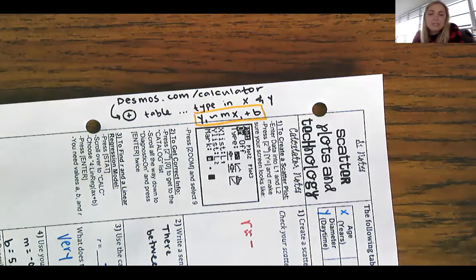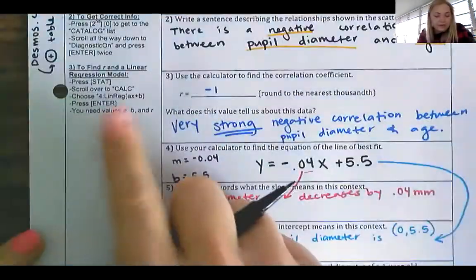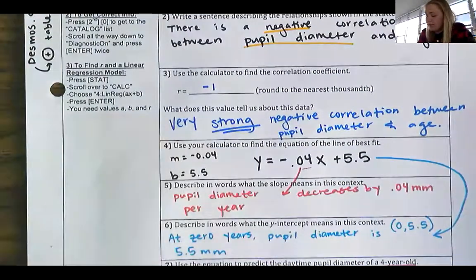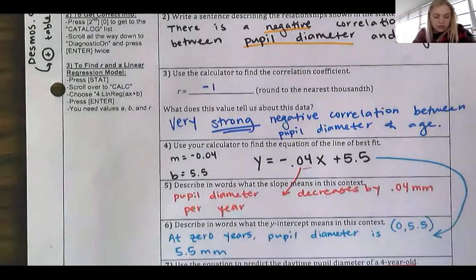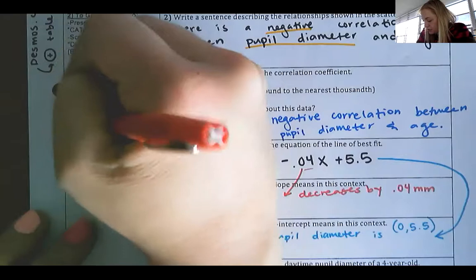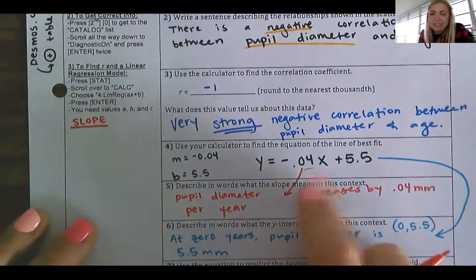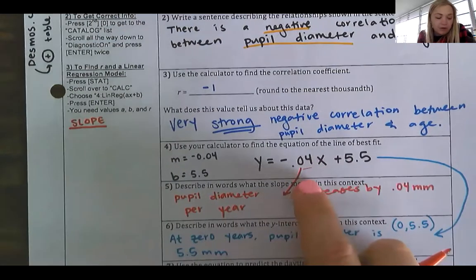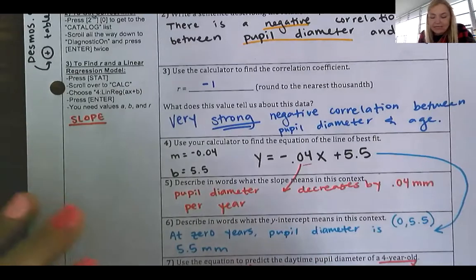Okay, once you have that written down in your margin, let's come back over here and we are going to write some stuff on this. When I keep telling you how to talk about the slope, on our slope, let's write slope. I know sometimes people have a hard time coming up with these sentences, and these sentences are going to be required as you do these problems on the test and everything.